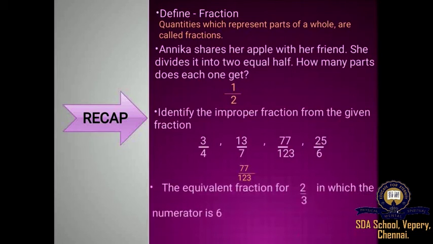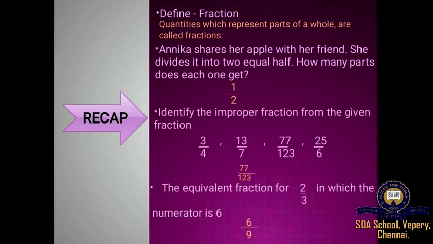Next question. The equivalent fraction for 2 by 3 in which the numerator is 6 will be? Yes, 6 by 9. So we have to multiply the numerator and denominator by 3. So 2 3s are 6, 3 3s are 9.